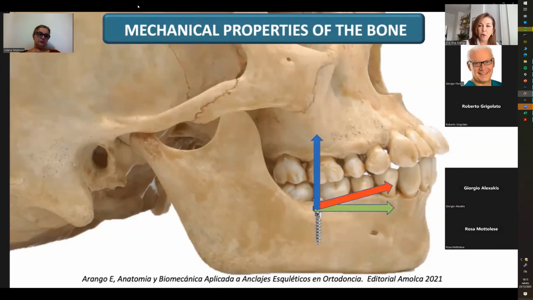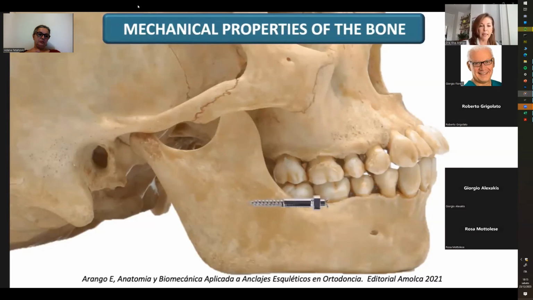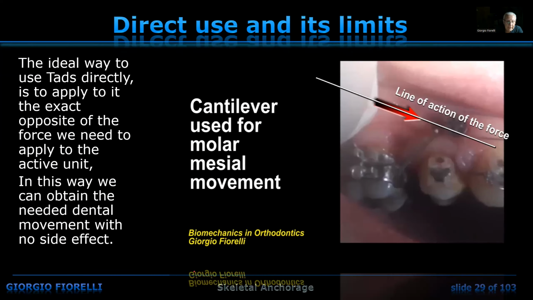But if you look at this mini implant, the head of the mini implant is very close. From a biomechanical point of view, you could place the TAD here, here, here, or here.